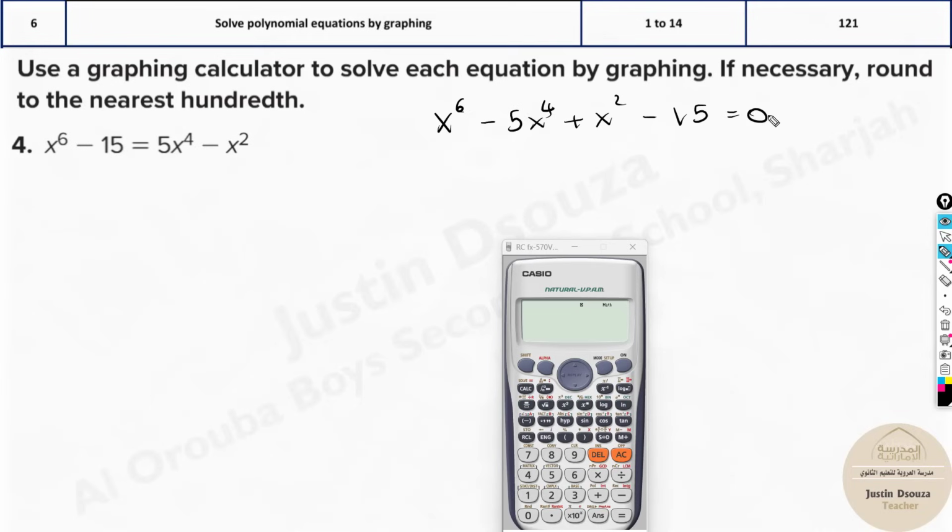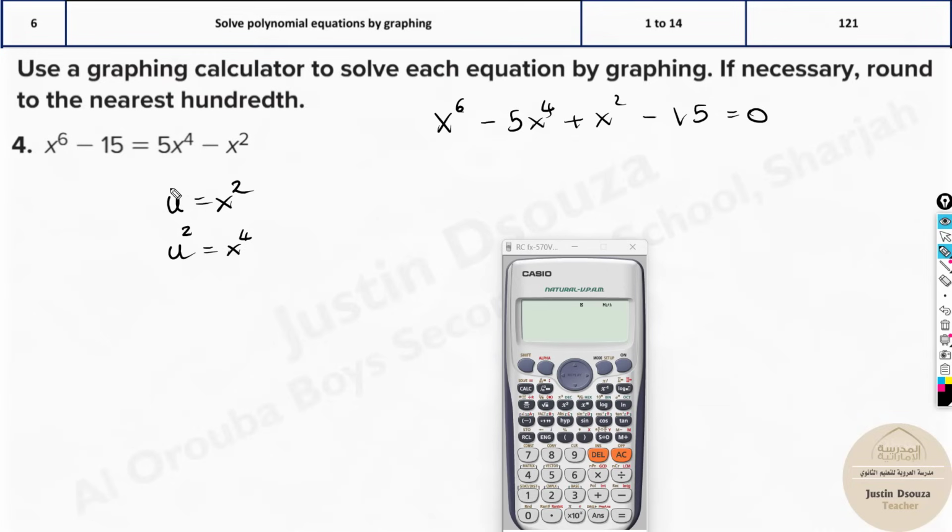Now you can see there's a pattern. 2, 4, 6. And I need to make this power 3 maximum or power 2, but it doesn't make sense to make power 2 because there are 1, 2, 3 terms already and there's a constant term. The best and easier way is I can see x power 2 here, it's all even. If I assume u to be x power 2, what will be x power 4 then? It will be u squared. Just square both of them.